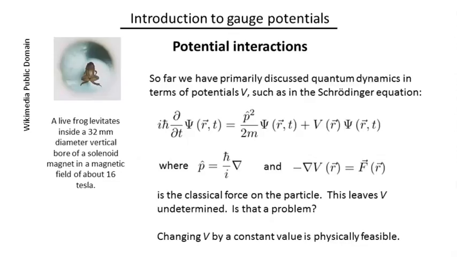Now, in phrasing the question put to you in that previous quiz, I emphasized that changing the potential by a constant value is physically feasible. For example, take the experiment upstairs. You're in a different gravitational potential, and so if you're talking about, say, the bouncing ball problem, and you're bouncing on the higher floor, then your natural reference point is at a different position than it was before you took it upstairs.